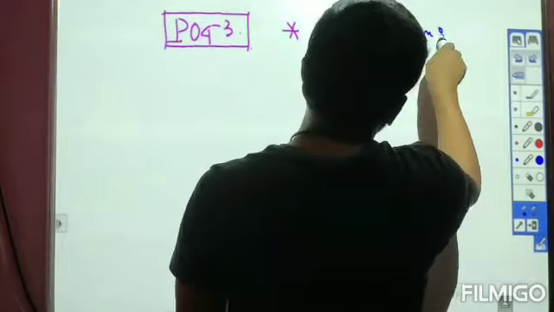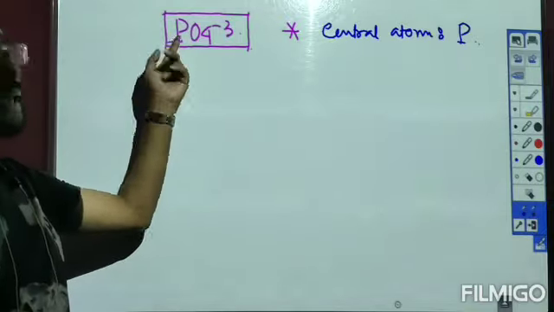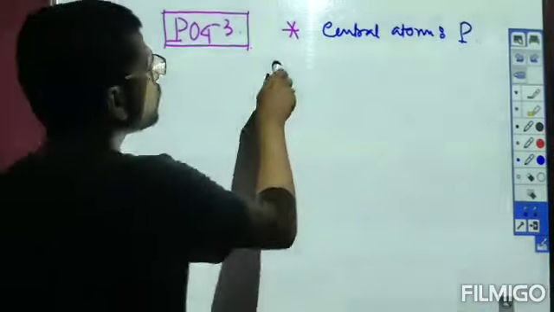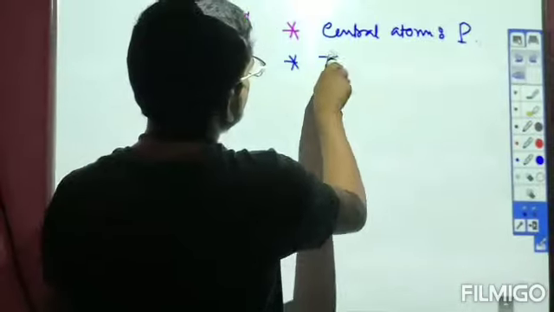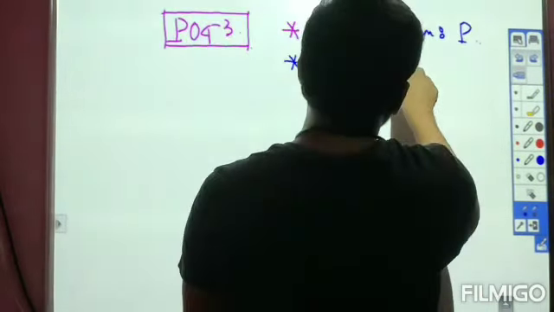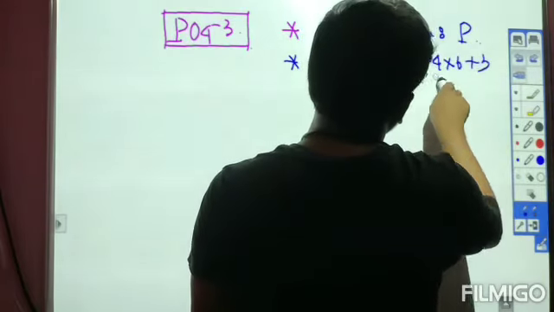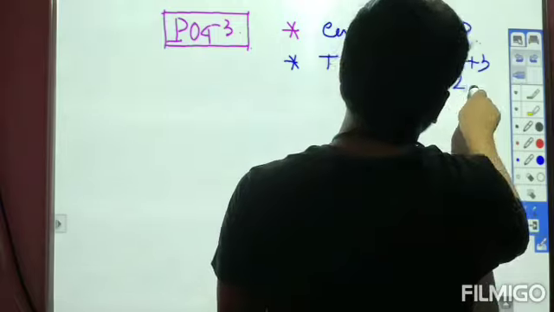Central atom is phosphorus, only one, electronegativity less, size is bigger. Total valence electron: 5 plus 4 multiplied by 6 plus 3, that will give you 32.